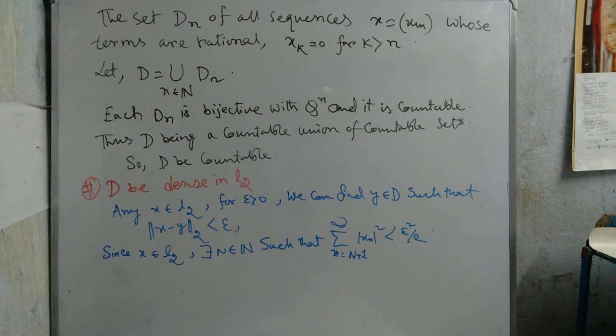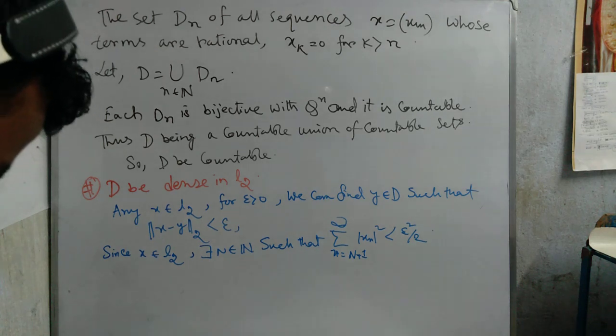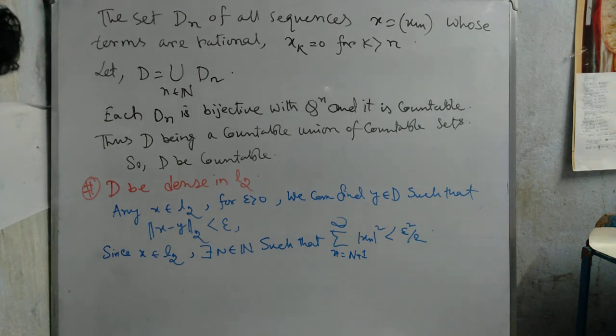Because x belongs to L2 means these summations are less than plus infinity, after n plus 1 terms this one is less than epsilon square by 2.